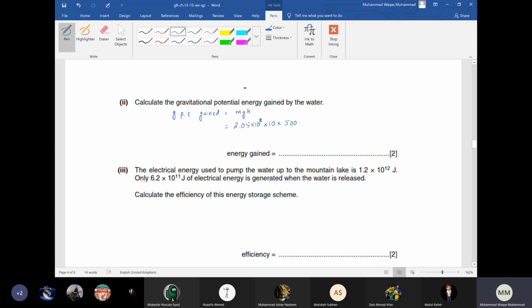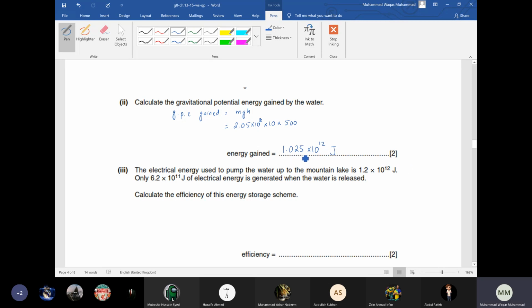Now beta, if you multiply this, what do you get? There we get 1.025 times 10 raised to the power 12 joule.